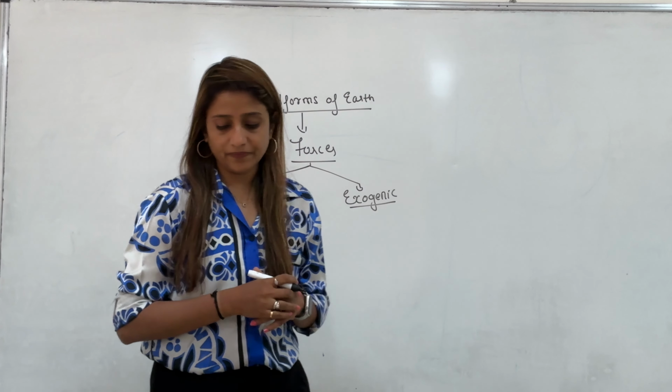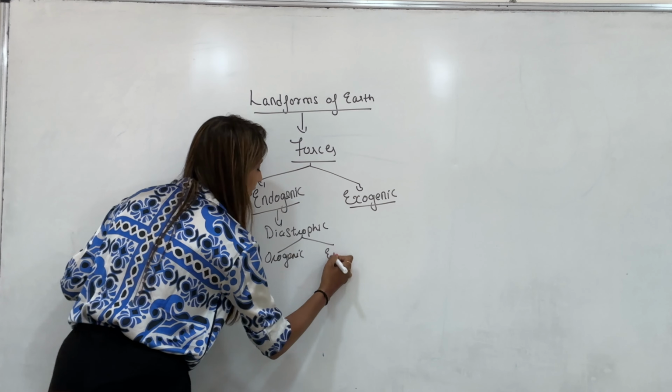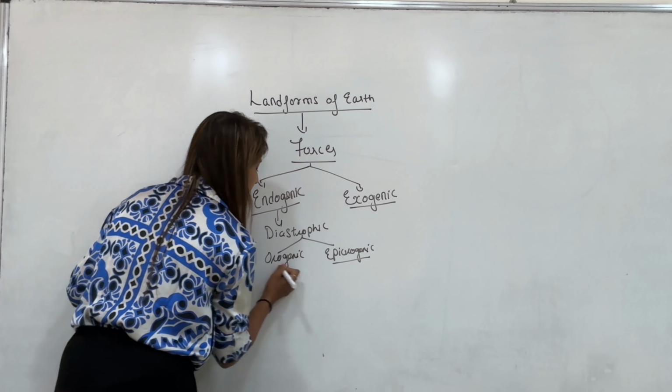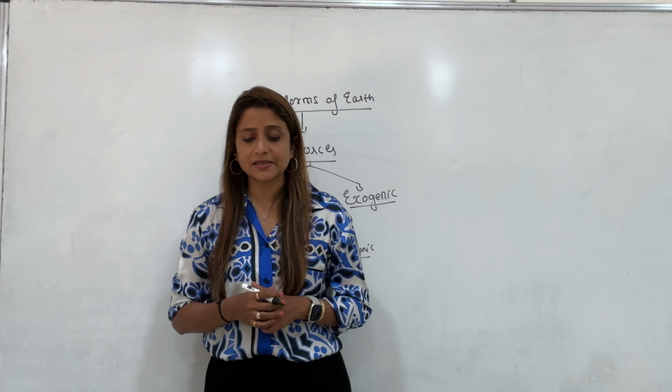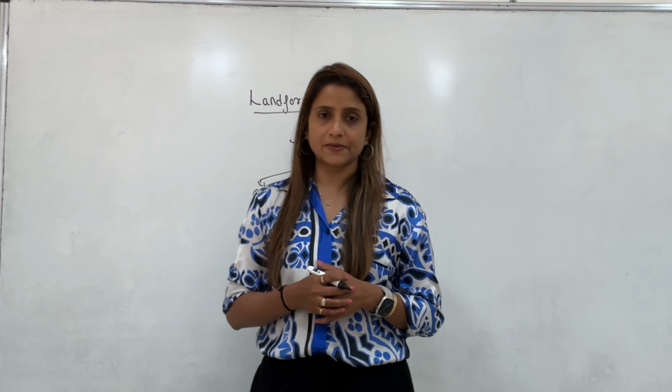Now endogenic forces can again be categorized as diastrophic forces. Diastrophic forces can be orogenic, mainly horizontal, or epeirogenic. Orogenic forces are called mountain building forces, and epeirogenic forces are called continental building forces.